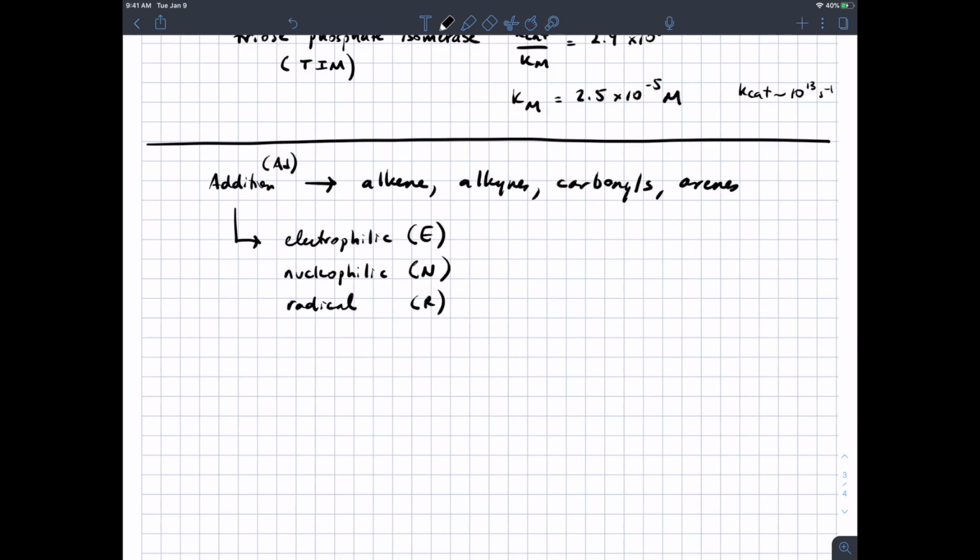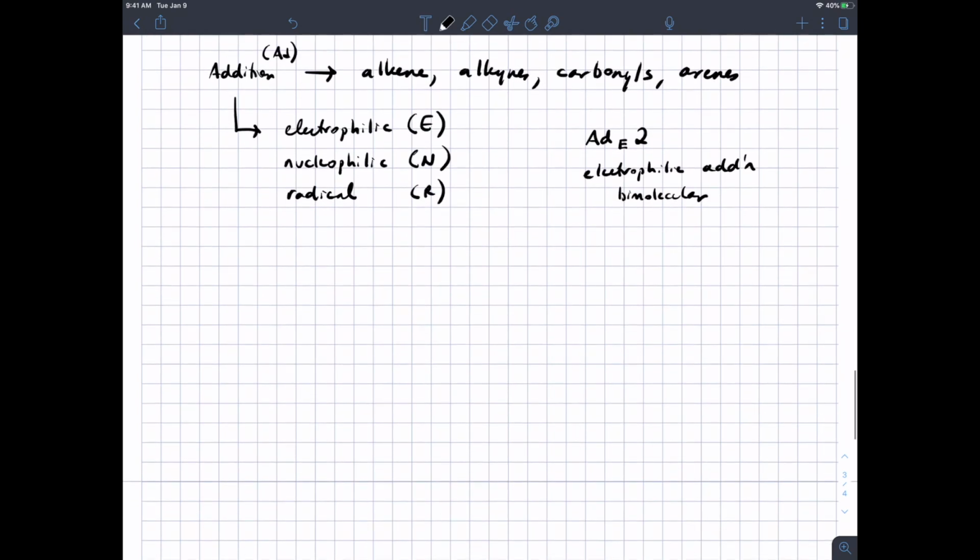And we typically abbreviate mechanisms with addition, and then we might say electrophilic, and then we'll include a number to indicate the molecularity of the reaction. So, for example, ADE2 indicates electrophilic addition that is bimolecular. Okay, so we're going to start our discussion with carbonyl hydration.